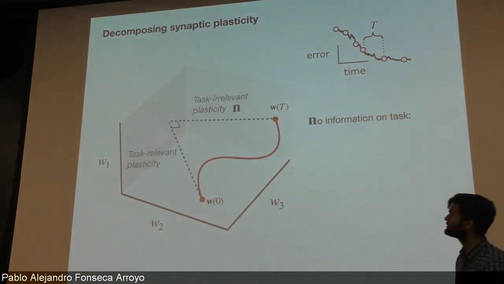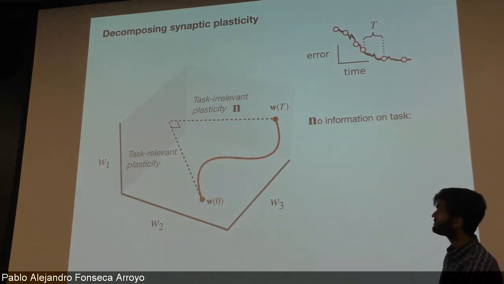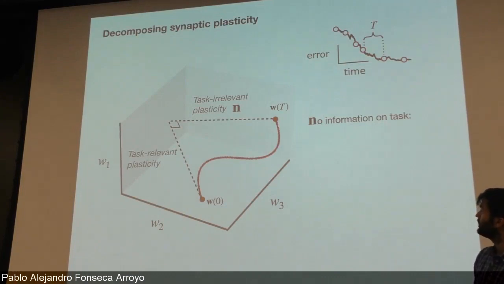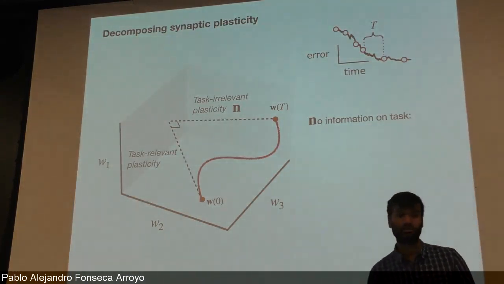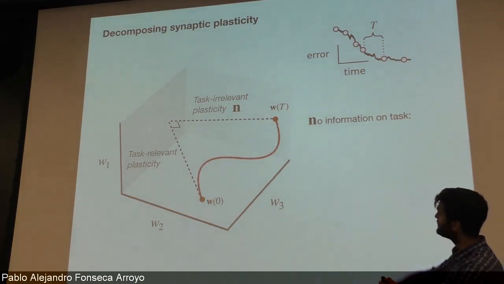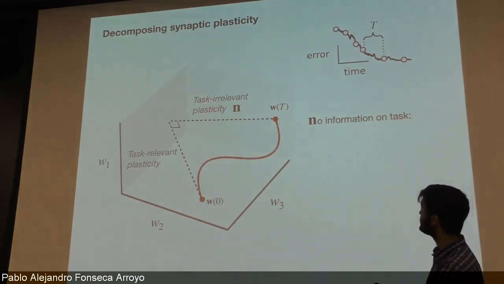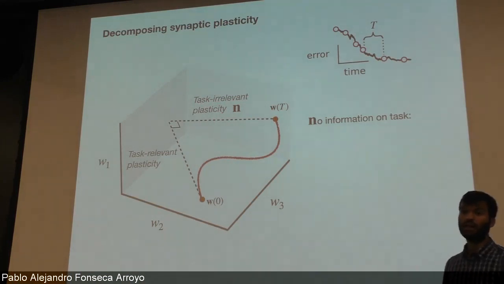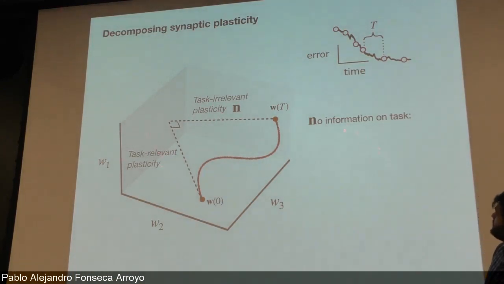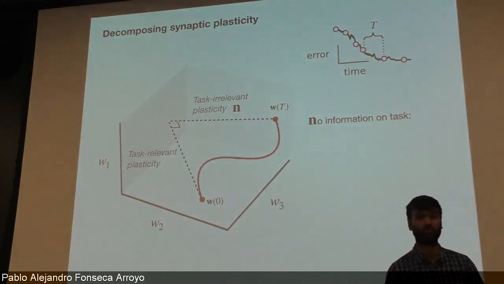Now what I'm going to try and do is decompose this movement into a task-relevant portion and a task-irrelevant portion. And there's not a unique way to do this. What I'm going to do is define task-irrelevant plasticity as any plasticity mechanism, anything that's moving the weights of the network in a way that has no information on the task.